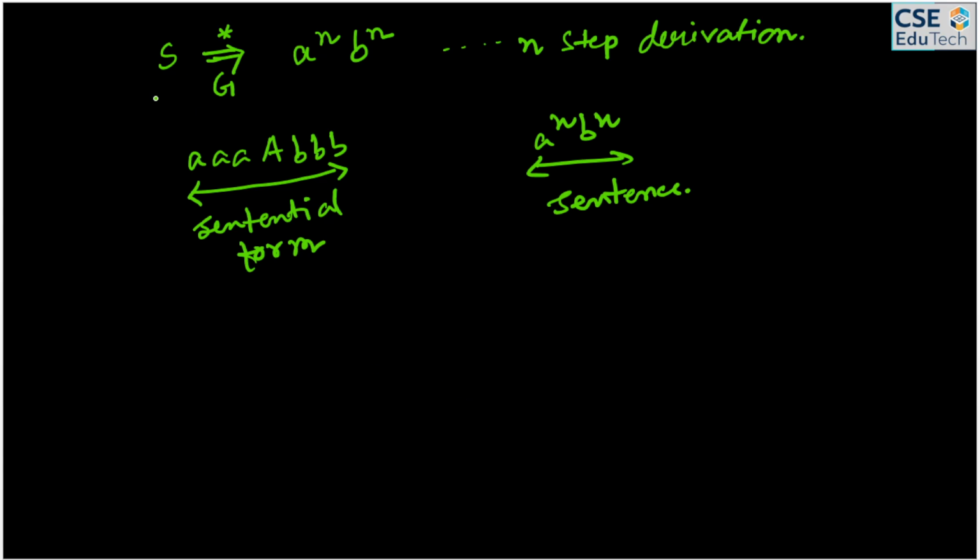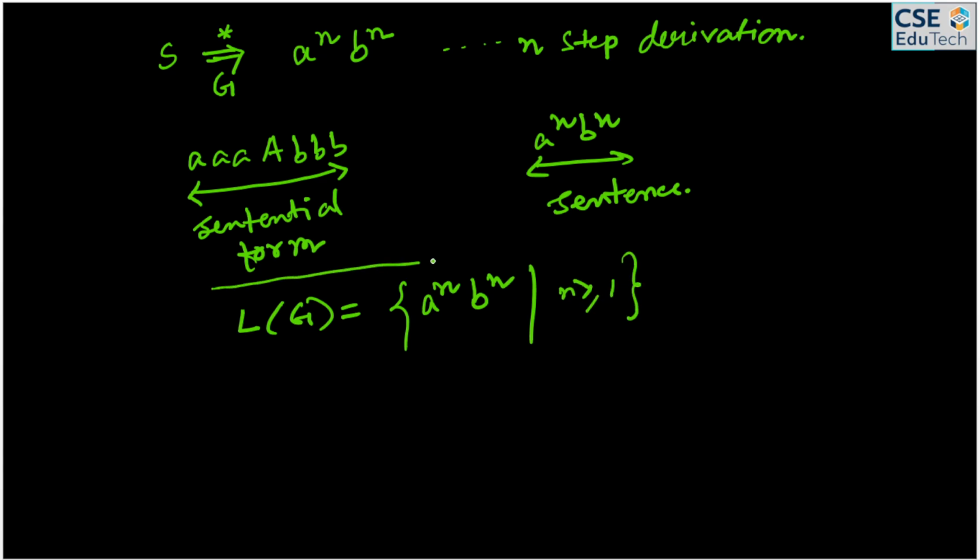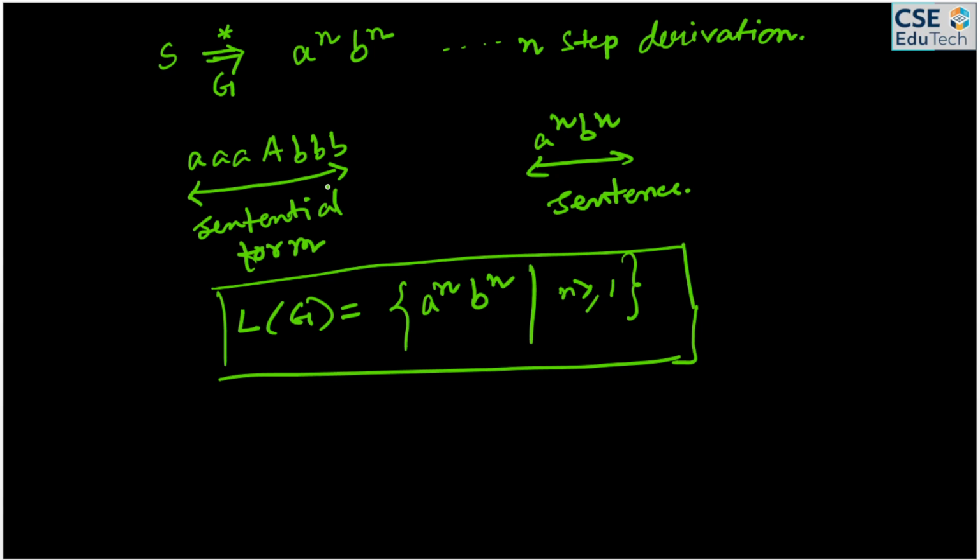So the language generated by this grammar, L of G, is a to the power n, b to the power n. Now, what will be the value of n? Because we have seen that the smallest string generated by this grammar is ab, the n should be greater than or equal to 1. So this is our final answer, that the language generated by the grammar is this. And it is a sentential form and it is called the sentence.